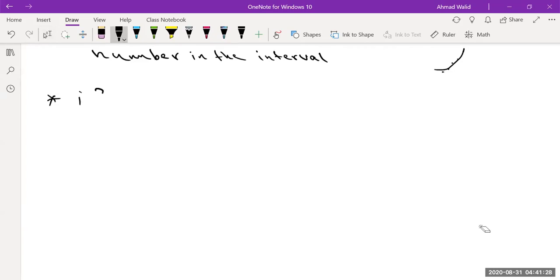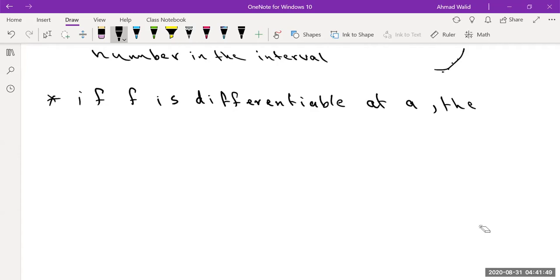You can say f is differentiable, it's really a long word, differentiable at a, then f, which is your function, is continuous.